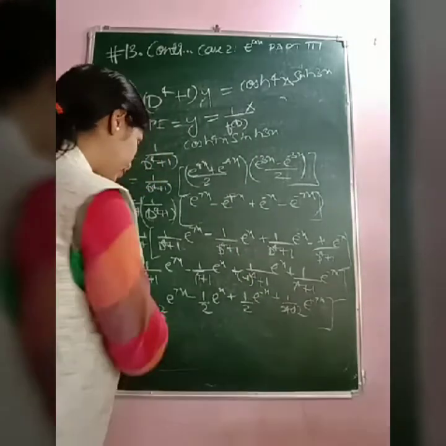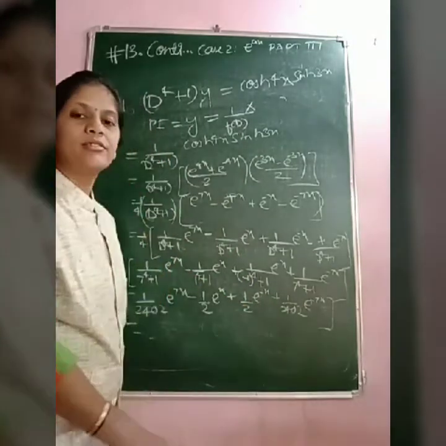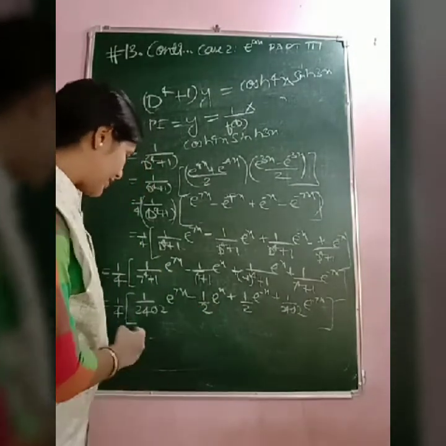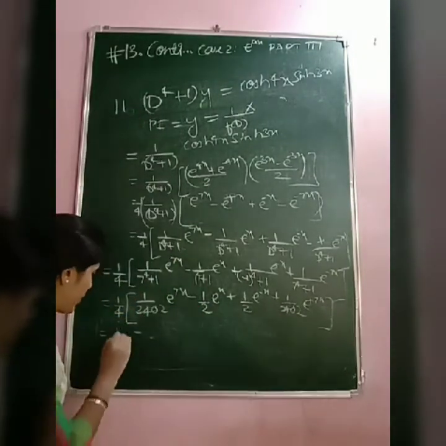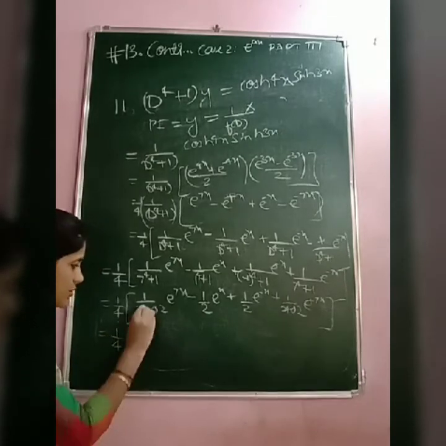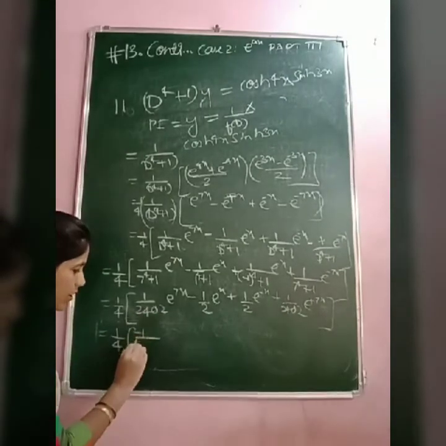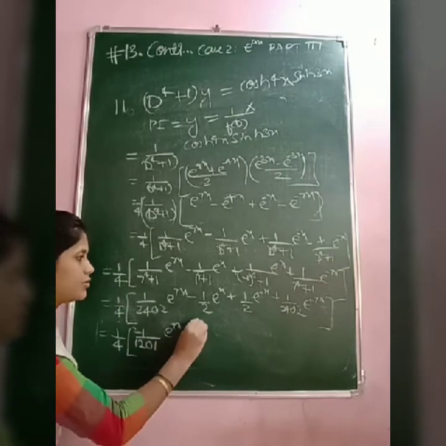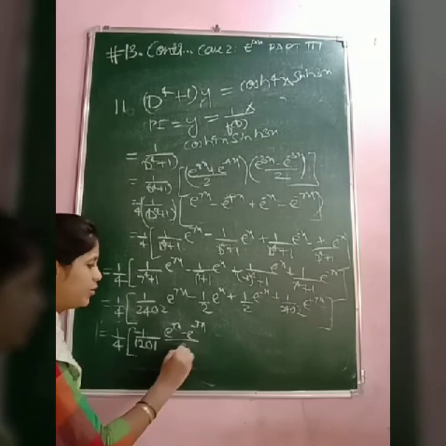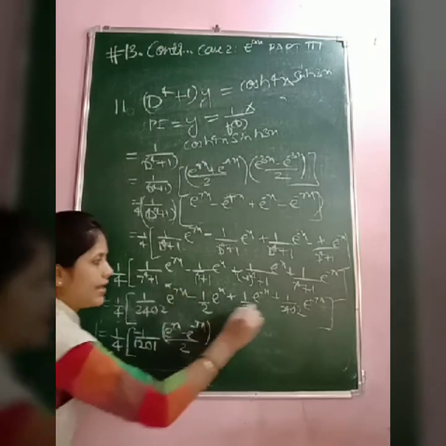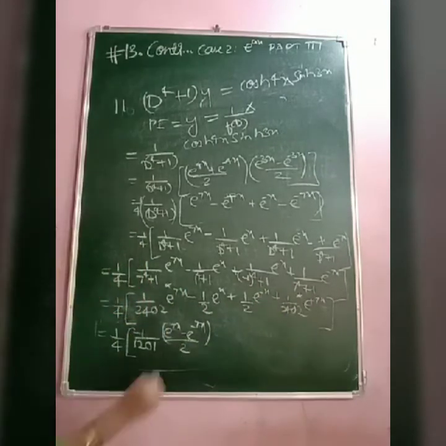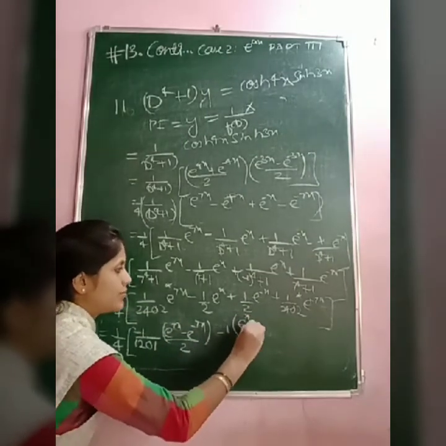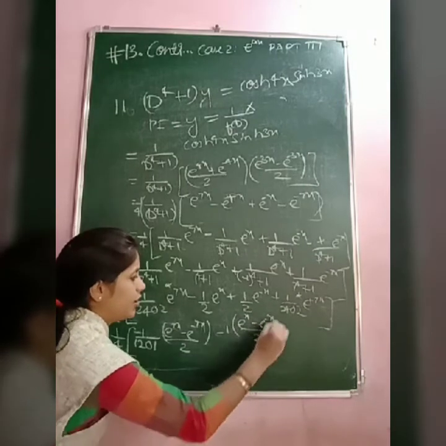So now this is the same. Even if you write only this much, you get the full answer. But here what do we see? Common terms. So this can be written as 1/4 outside: 1/2401, taking (e^(7x) − e^(−7x))/2 common, and next, minus 1, taking (e^(x) − e^(−x))/2 common.